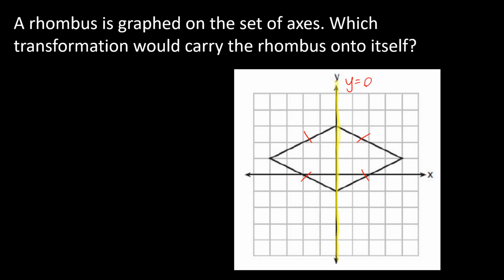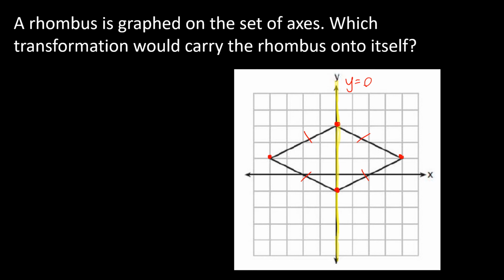And I know that to be true because I already see 2 of the points directly on the line. So remember, if you have a point on the line of reflection, that point is equal to the image point. So we already have 2 points set and done. The only other point that I would have to look at is this point here on the left, which I see is 1, 2, 3, 4 units away, and this point here on the right, which is also 1, 2, 3, 4 units away.